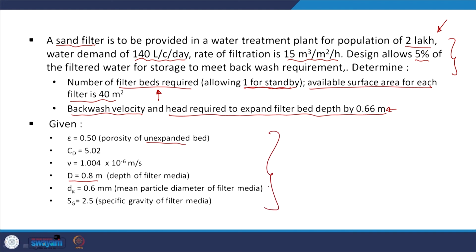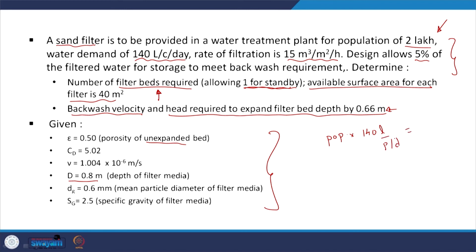Before we dig further, let us look at the approach that we are going to take. First, we have the population, and we know the consumption per day is 140 liters per person per day.